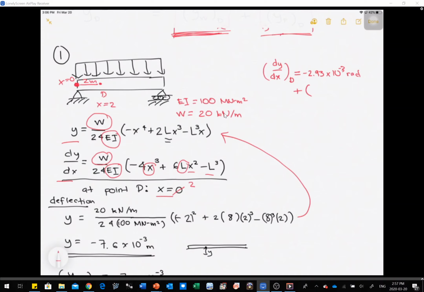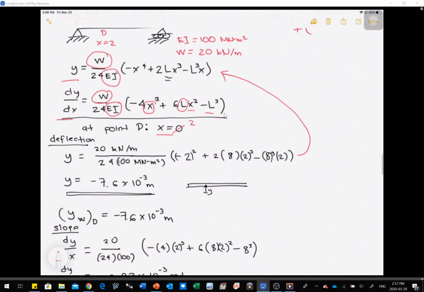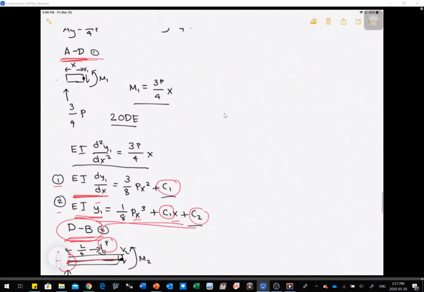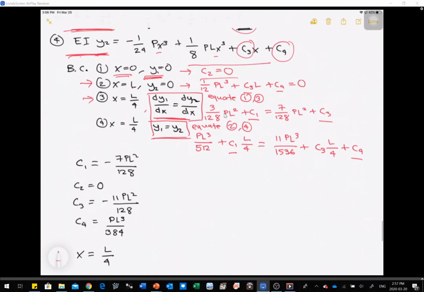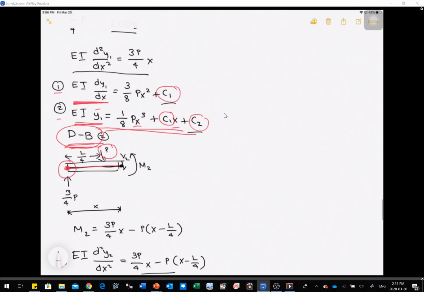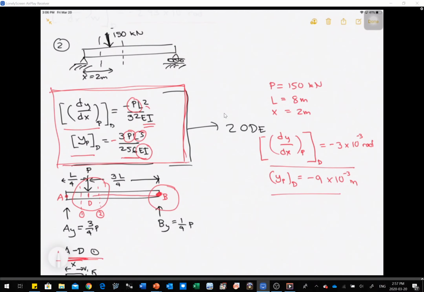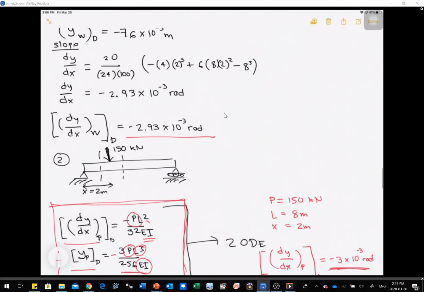plus, because we are now looking at the second term. Now I think that's in the last portion here. So it's a bit fast. Last portion, we have, oops, it's not here. So we have 3 times 10 raised to negative 3 radians here. So we're going to add it there, negative 3.